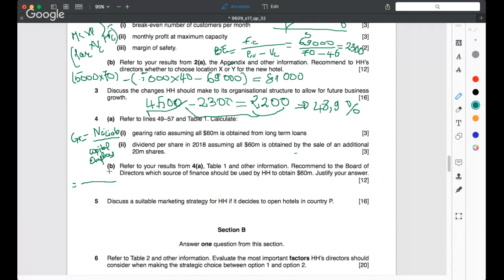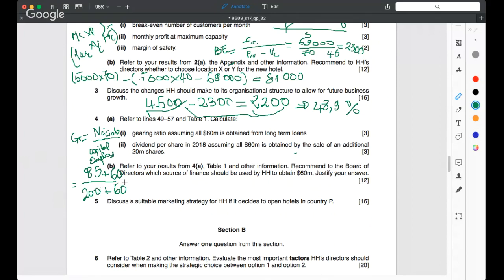Plus, you have 60 million obtained from long-term loans. So that would also be 85 plus this 60 million that you have as a loan, over capital employed. Would that be 200? Yes, but add your 60 million. Because now you have 200 as a capital employed plus the 60 million that you had from a long-term loan.